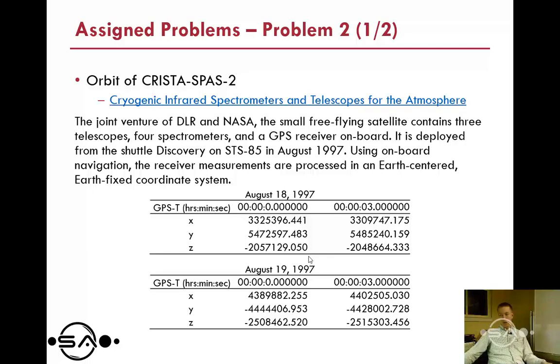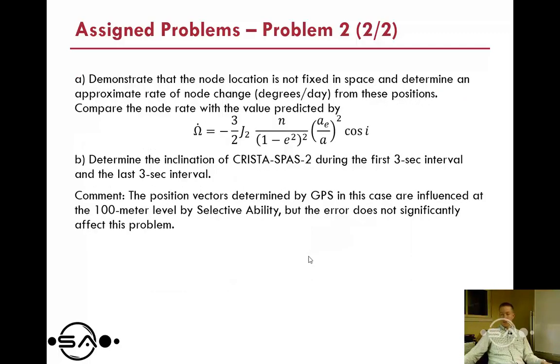Great. So these are given to you in an Earth-centered Earth-fixed system. So now you know that J2 has a 95% accuracy of modeling, or excuse me, not the 95% accuracy. That's inaccurate, what I just said.